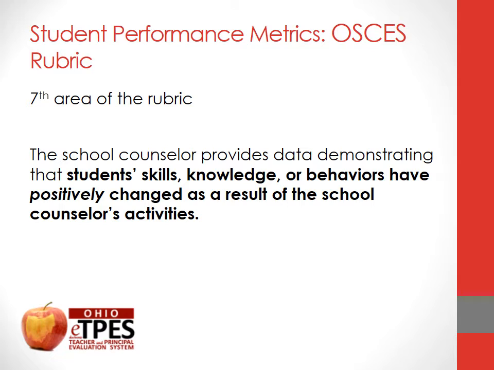As stated before, the school counselor and evaluator should collaboratively predetermine the metrics that they'll use for this portion of the evaluation rubric at the beginning of the evaluation cycle. Please keep in mind that the data from the student outcome metrics must be available prior to close of the evaluation cycle for that school year.